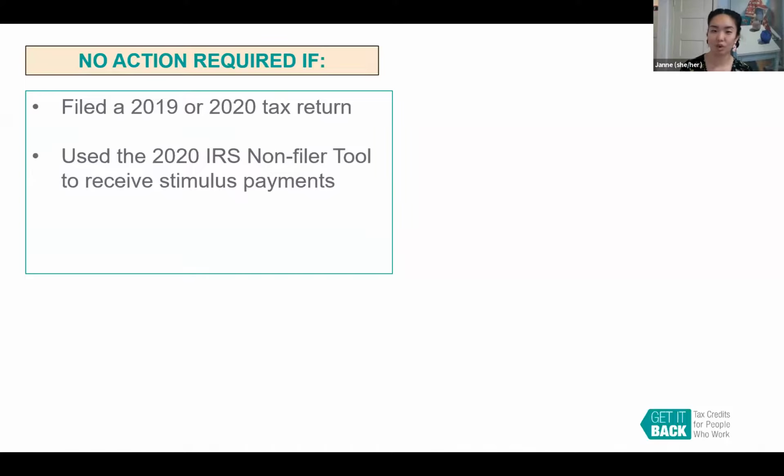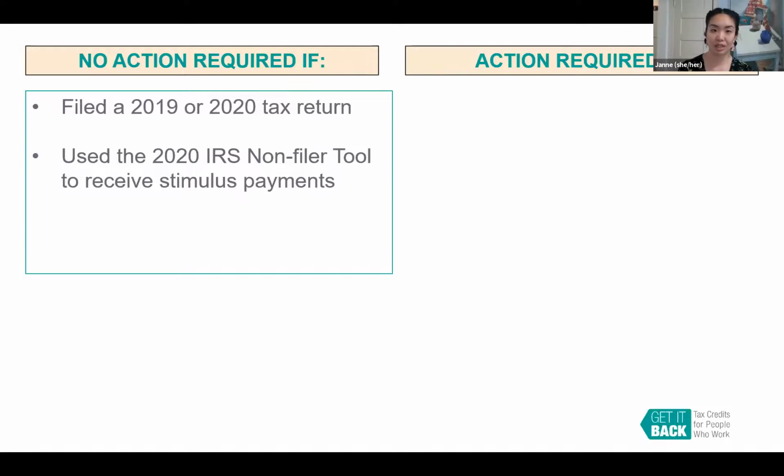That was a non-filer form that created a simplified tax return to receive the stimulus payments. They should not do anything. And so if you see someone who's already done that, who's already received their stimulus checks, just tell them to sit tight. You don't want someone to file a second tax return because that will make the return go into error resolution.